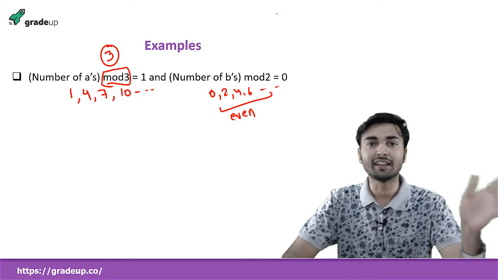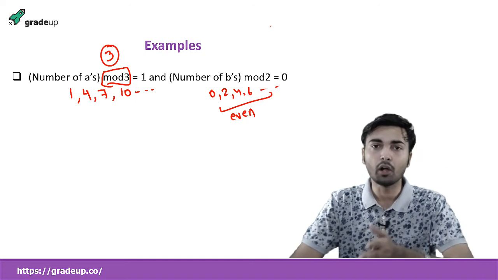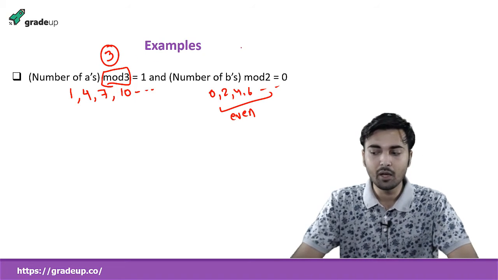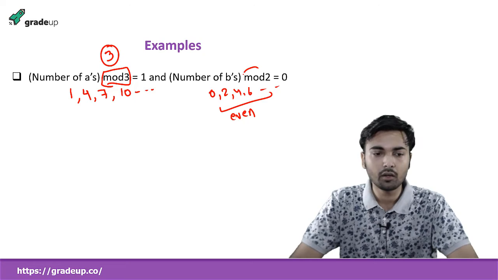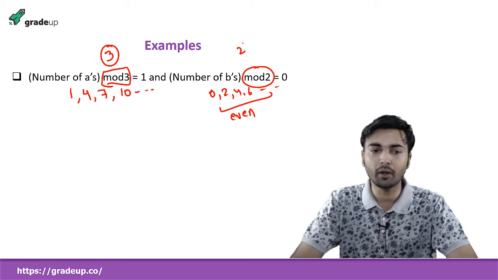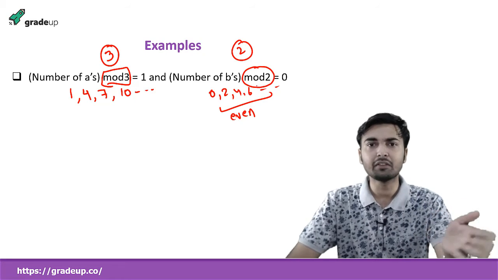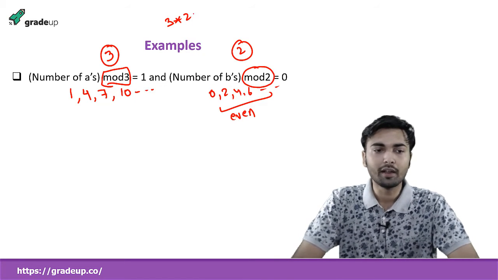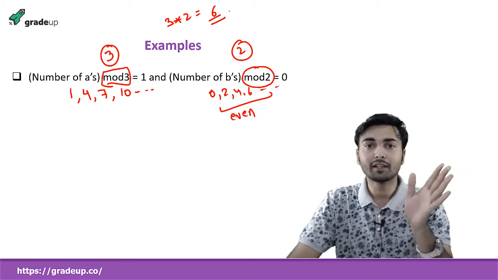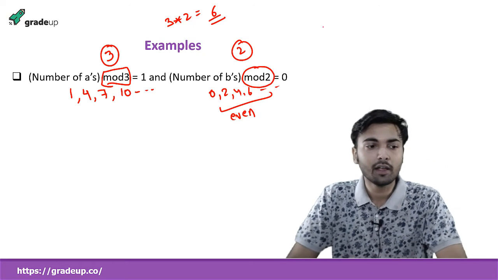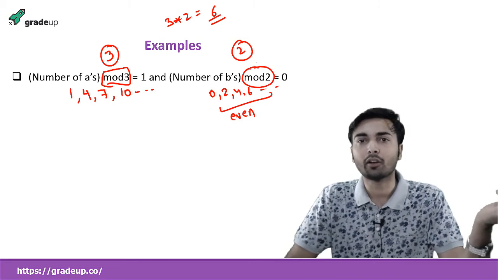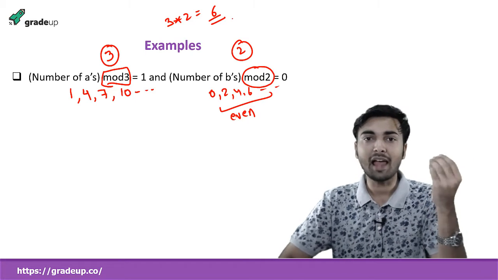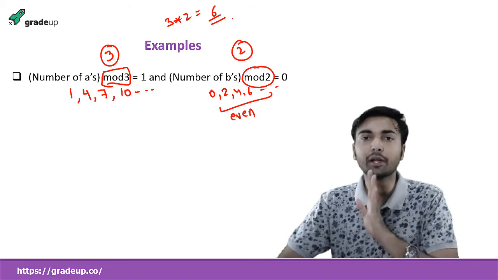Mod 2, meaning even, will require 2 states. So take the product: 3 into 2, it will be 6. Now consider whether a trap will be there or not. In mod machines, traps are not there. So 6 will be the answer.